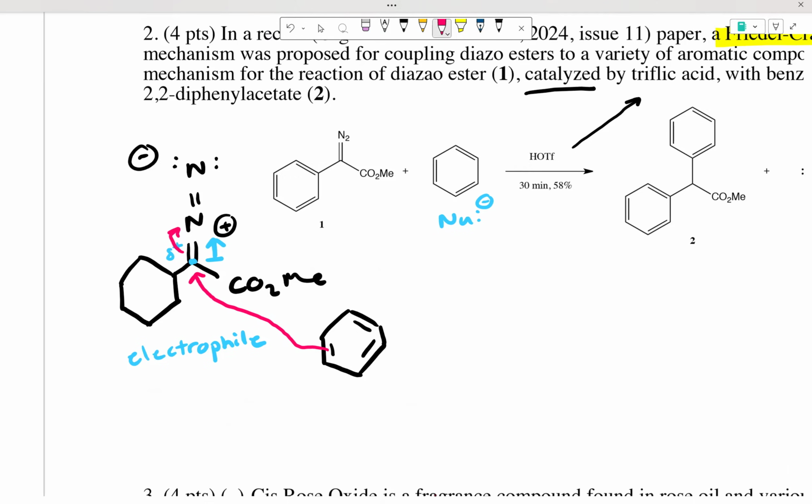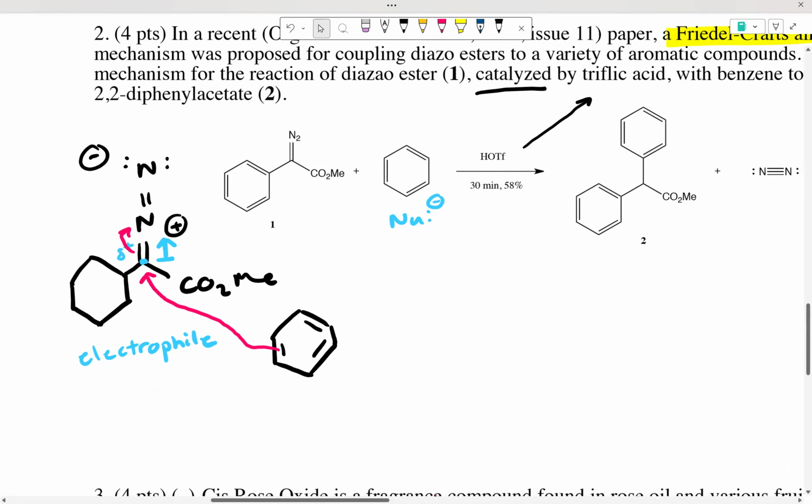Next, we're going to draw the next step after this attack.